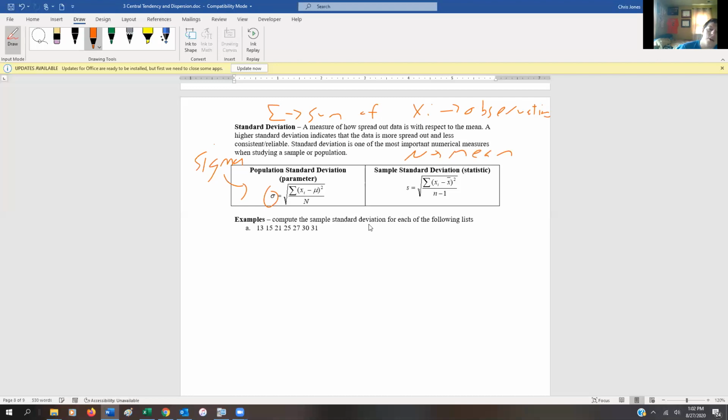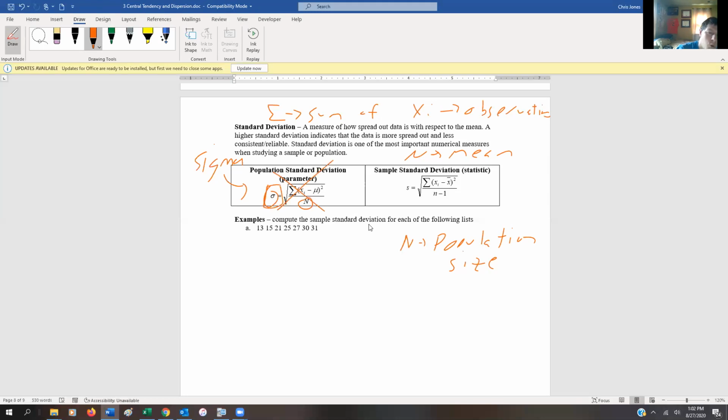So basically we're going to subtract the mean from each of the observations, square it, and then divide it by capital N if we were doing the population standard deviation. Now remember lowercase n is sample size. This means population size.